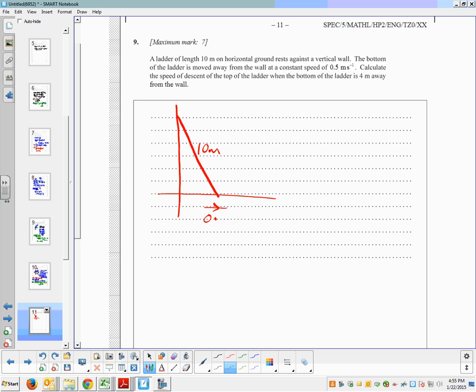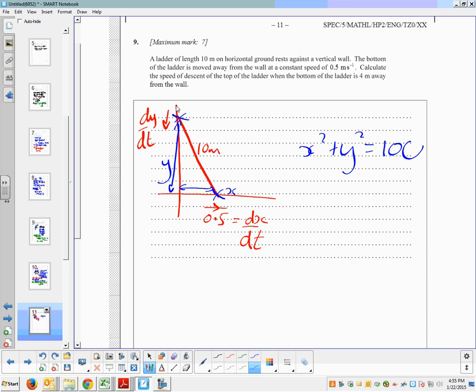So that's 0.5 there, which we'll call dx by dt. What's the relationship between that and dy by dt? And what's the relationship between this point and this point, which we'll call x? That length is x. That length is y. Well, it should be obvious from Pythagoras' theorem that x squared plus y squared equals 100.